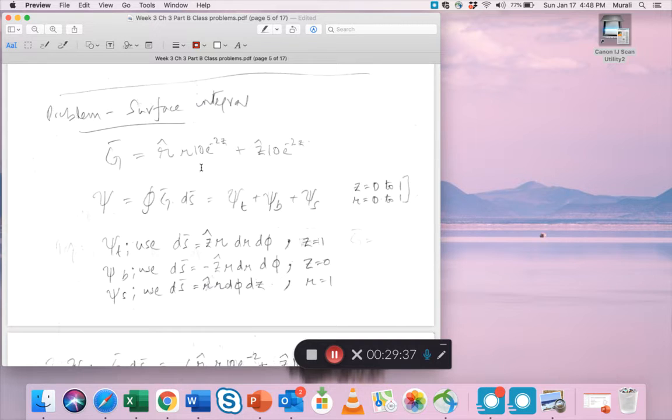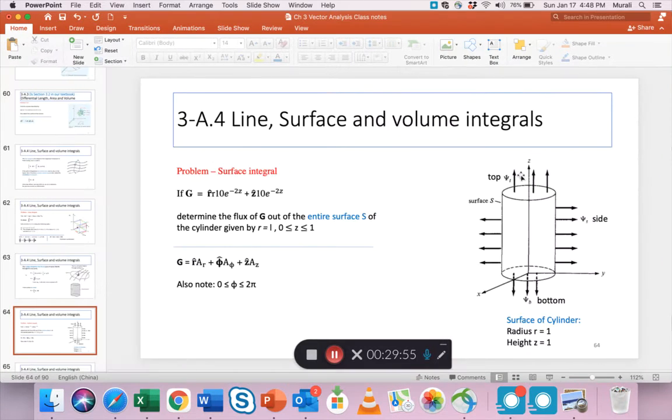So G is given. Now psi again consists of 3 paths. It's actually this integral of the area, but it consists of psi top, psi bottom, psi side, which are the three sides. There's a top side, there's a side side, and there's a bottom side.